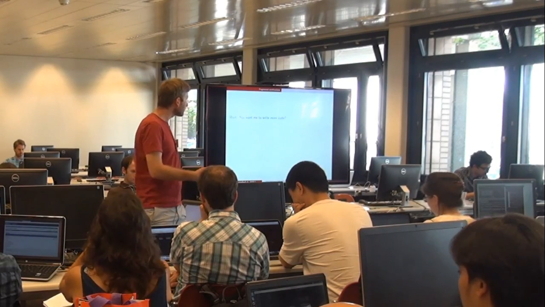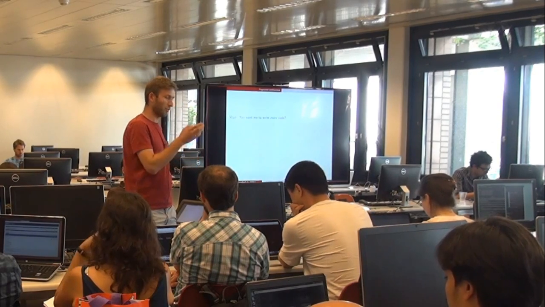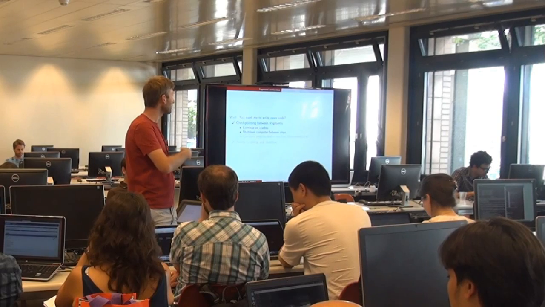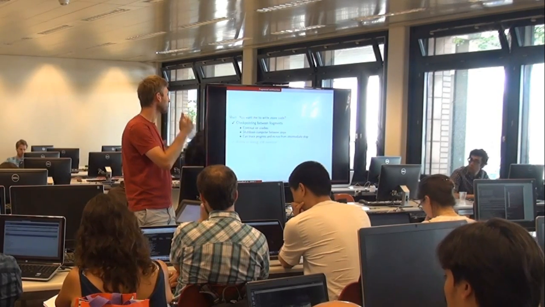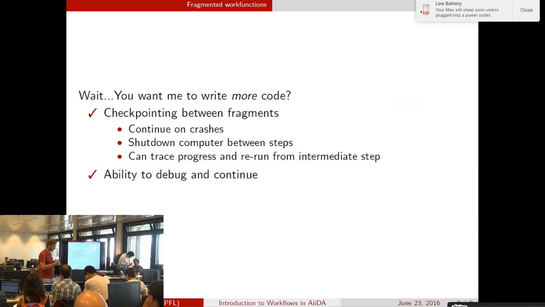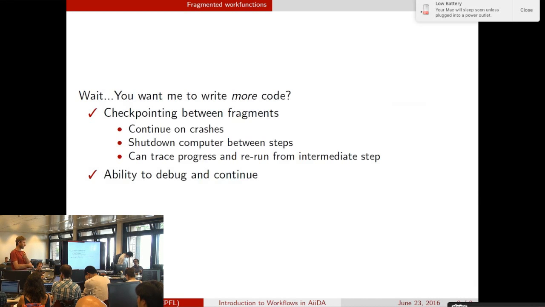So yes, you need to write more code, but if you need this additional functionality of checkpoints between fragments that allow you to continue on crashes, shut down the computer between steps, and trace the progress as it's going along, and also if you want the ability to debug and see what's going on, for example, there are commands you'll see in the tutorial to get things like the current status and what's stored in the context.